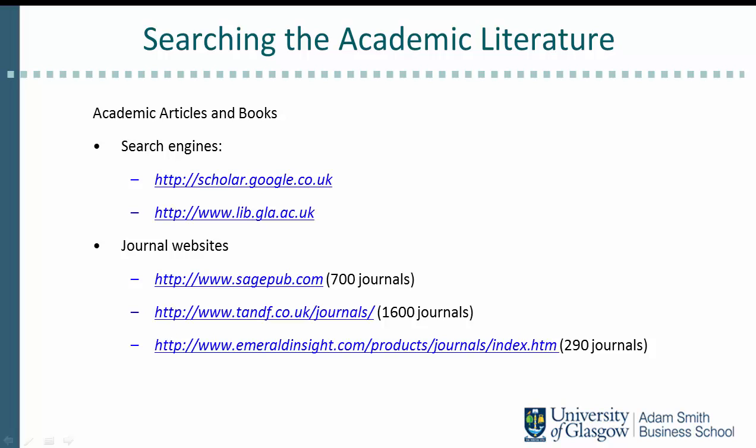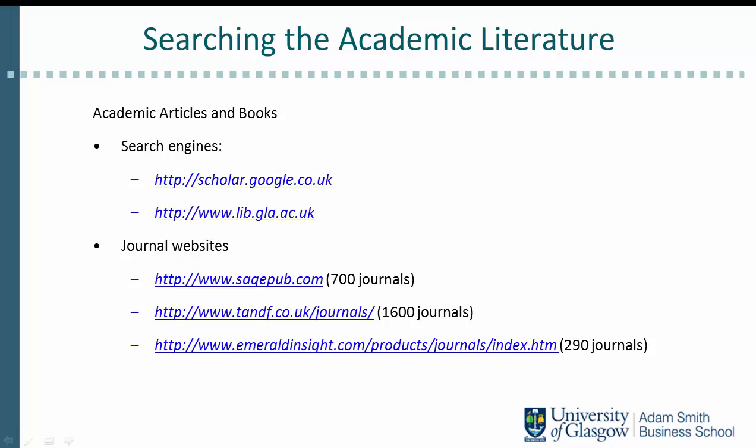Now, the difference between these two is that on Google Scholar you can search using terms as keywords, whereas in the University of Glasgow library engine you need to look for journals. So if your terms are, say, job-related stress, you will need to identify a journal in which work in job-related stress might be published, and then look for the journal on the University of Glasgow library website as search engine.